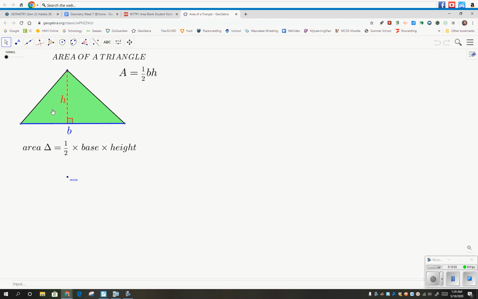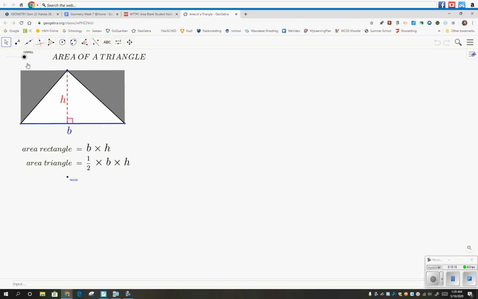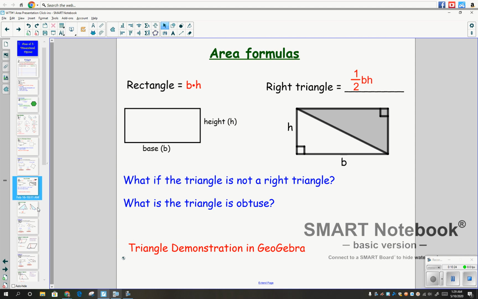It's the red dotted line there. I'm going to divide this triangle into two right triangles. And as I flip those triangles, I just created a larger rectangle, right? Area of the rectangle is base times height. So therefore, the area of any triangle will be 1/2 base times height.